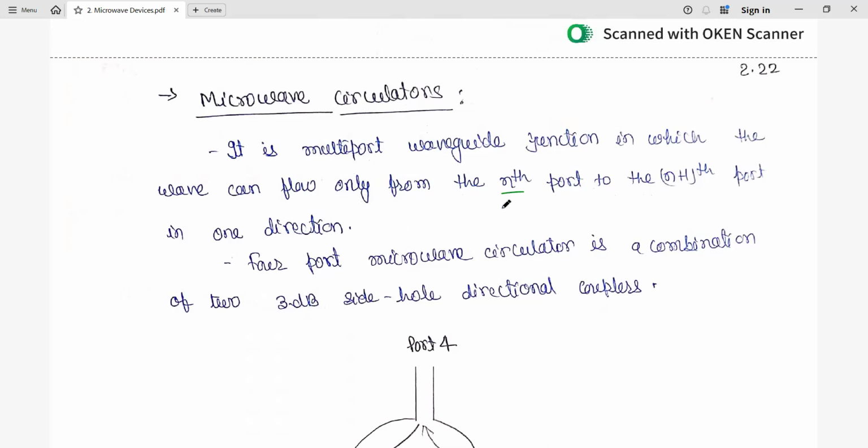Suppose we are talking about port 1, it will transfer from port 1 to port 2 only. It will not go from port 1 to port 3. From the nth to the n plus 1 th port only, and that flow will be in only one direction. Reverse is not possible. Like from 2 to 1, it will not come. From 2, it will go to 3.